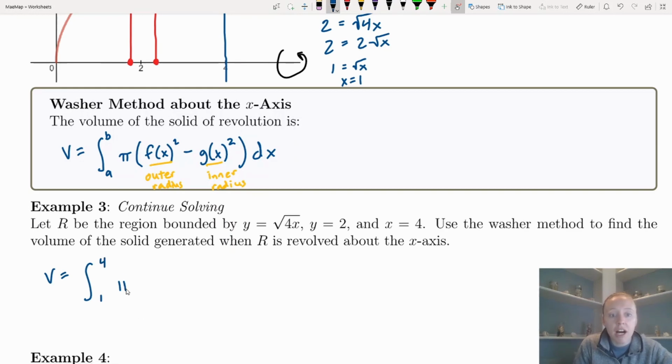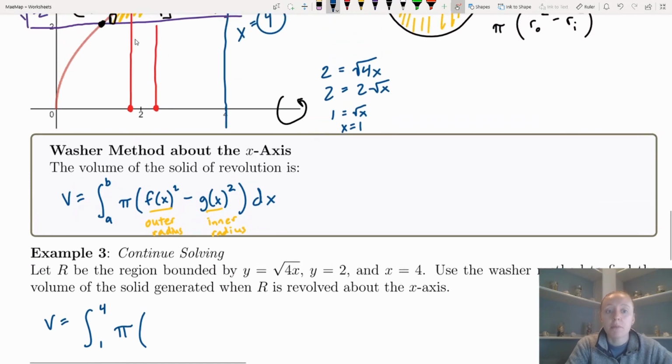Now we're going to have pi times our outer radius squared minus our inner radius squared. So let's focus first on that pi r squared, getting that full area, and then we'll subtract that smaller area we don't want, which we already talked about this outer radius up above.